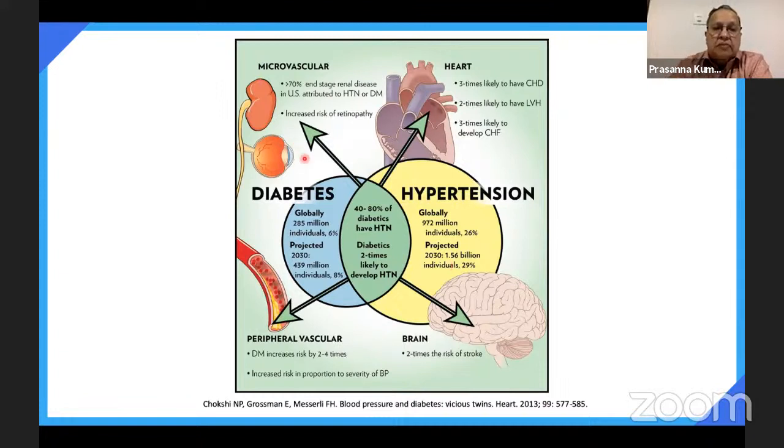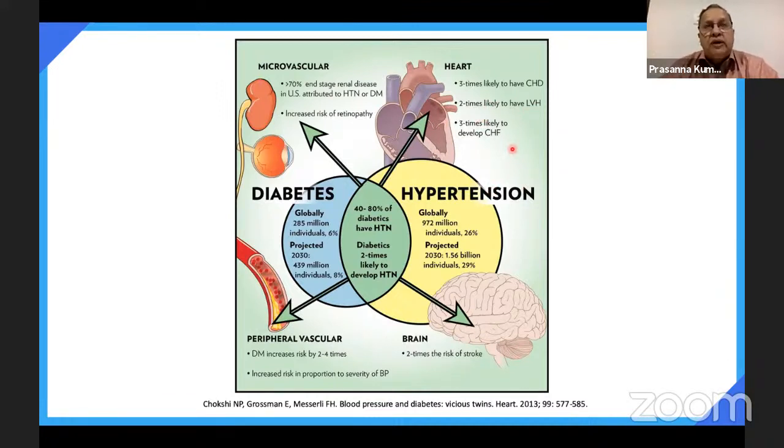Because of this double trouble, it leads to peripheral vascular disease, where in diabetes the risk increases 2 to 4 times, with increased risk in proportion to the severity of blood pressure, and 2 times more chance of stroke. There is 3 times more likelihood of coronary heart disease, 2 times likelihood of left ventricular hypertrophy, and 3 times more likelihood of developing congestive heart failure.